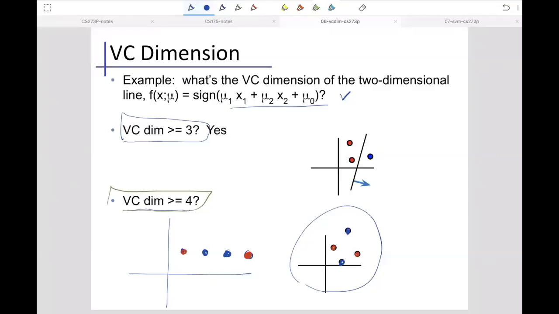To verify that the VC dimension is not greater than or equal to 4, you need to make more effort because you have to try all possible choices. However, to say the VC dimension is at least something is easier, because I just propose a specific set of 3 points, demonstrate they can be shattered, and then I succeed.